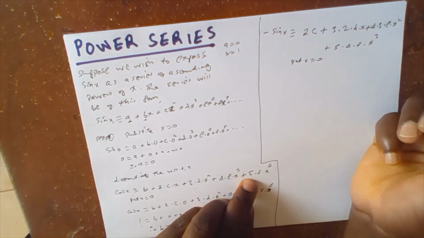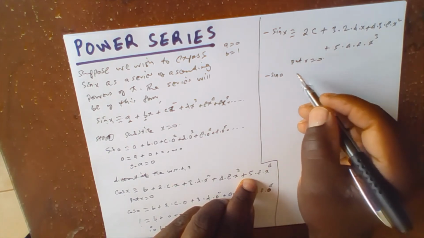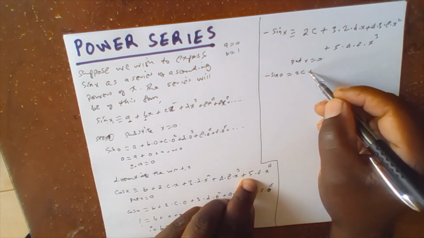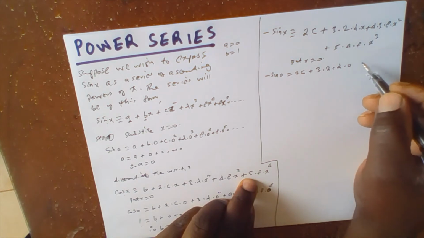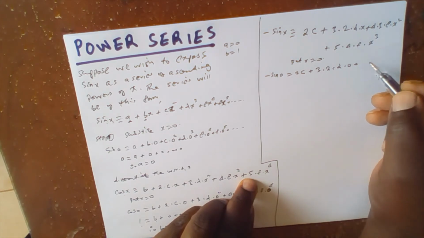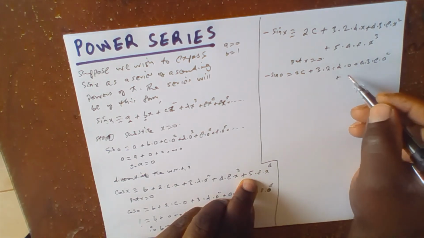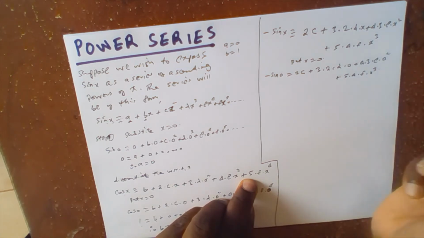x equals to 0, so we have minus sin 0 equals to 2c plus 3 times 2 times d times 0, plus 4 times 3 times e times 0 squared, plus 5 times 4 times f times 0 cubed.